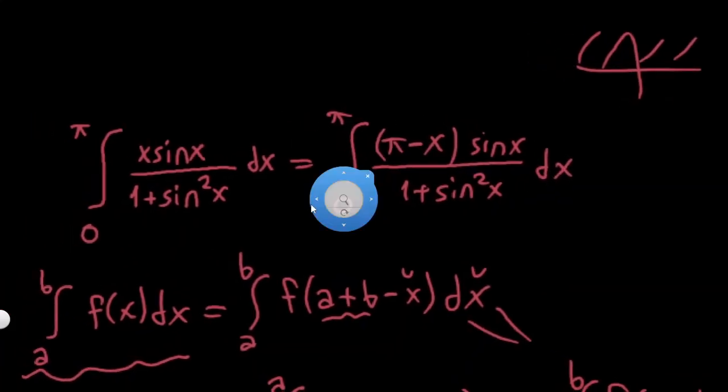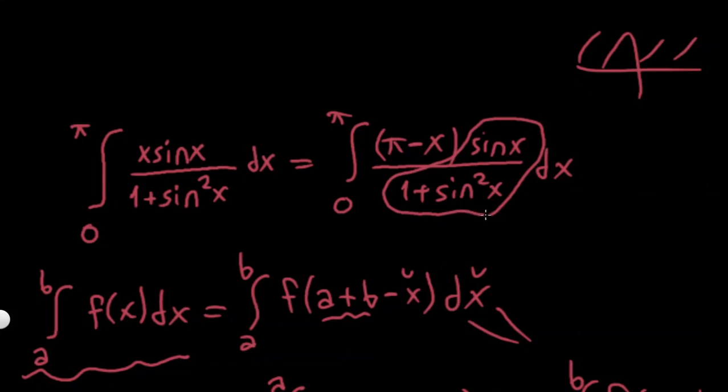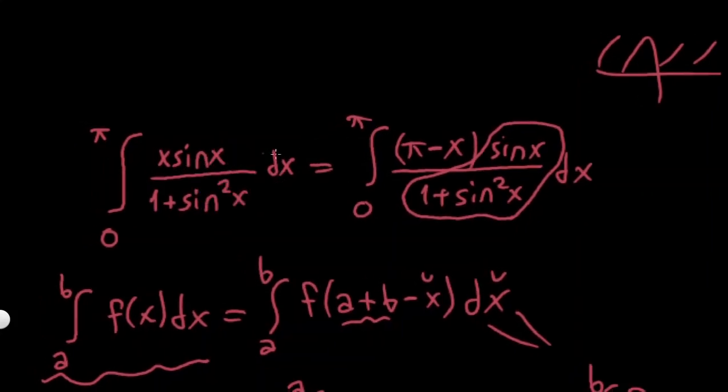So this second integral looks a lot like my first integral, and the only difference is pi minus x and x. If I just add both of these integrals, I will get rid of this x at the beginning. Let's call this integral I1 and this I2. They are the same, but I'm just doing this to distinguish them.